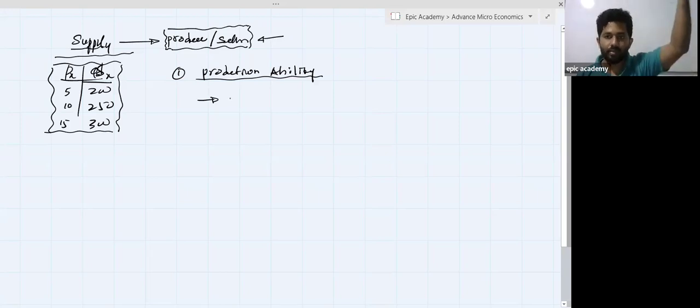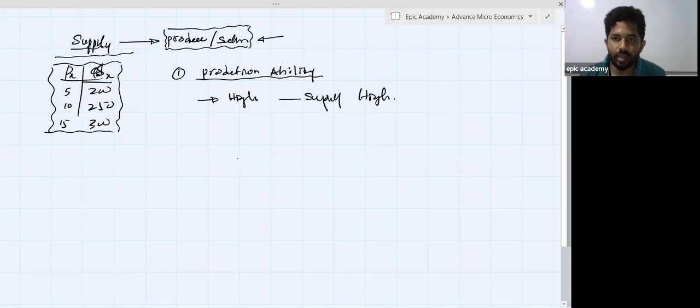It also increases. If ability is at a high level, supply also can be high, isn't it? Yes. So those are determinants. These are the basic factors which affect the change in the amount of supply related to price changes.